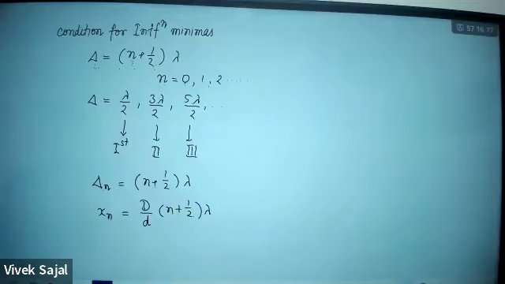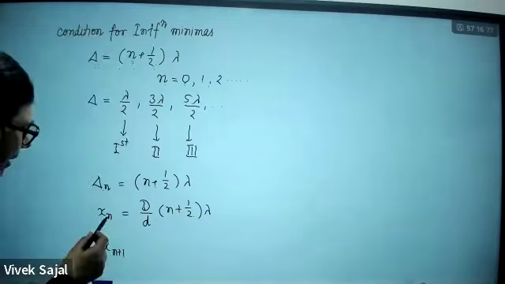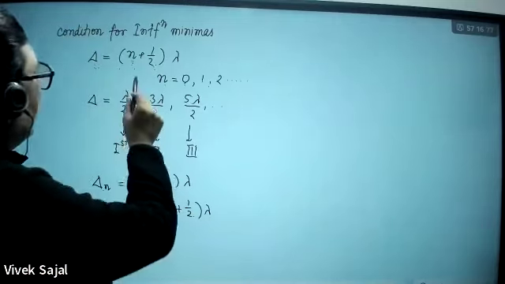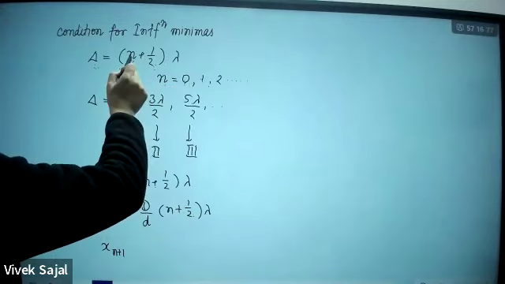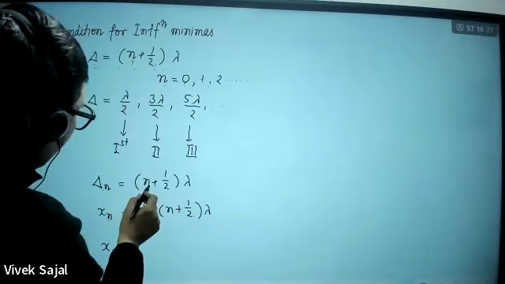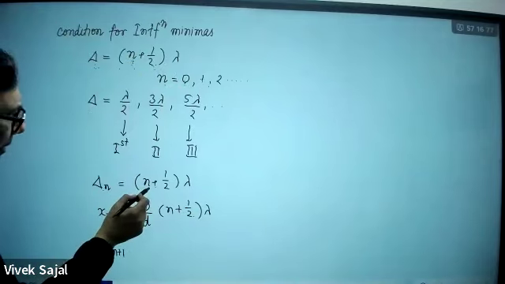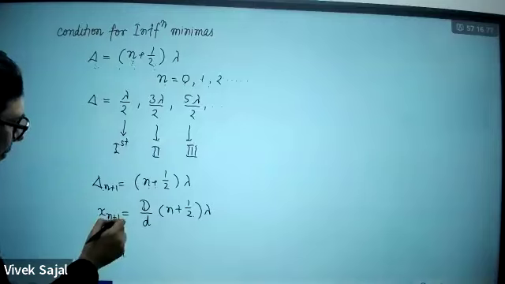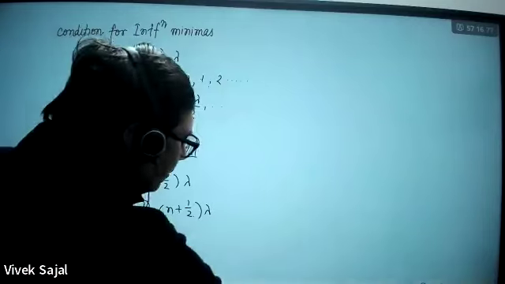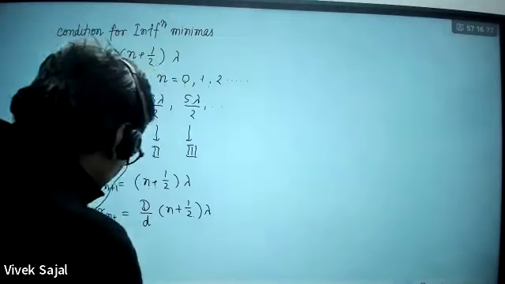Next minima to this, next order minima, I'm writing it as n plus 1. Try to understand, when you are getting 0, that is the first order minima. When you are writing 1, that is second order. So please don't confuse. If you are writing n, this will be n plus 1.